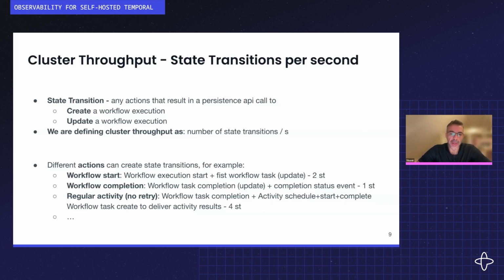There are a lot of different things that your workflows are doing, your business logic is demanding from the service, that are going to be translated into one or more state transitions, in the end database writes, such that the throughput of our cluster is going to be determined by how much we can push through that and how many state transitions we can have per second.